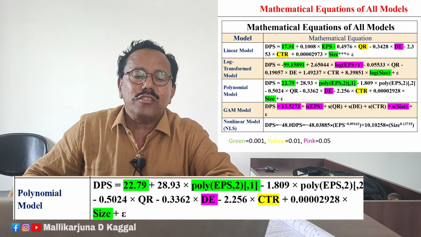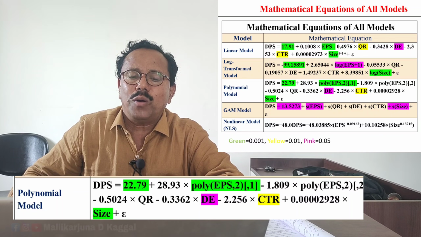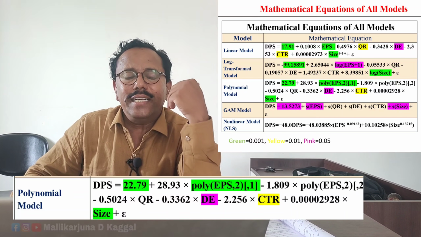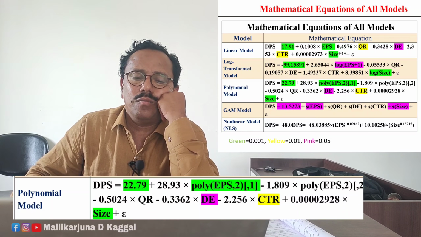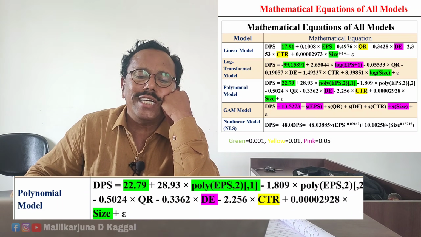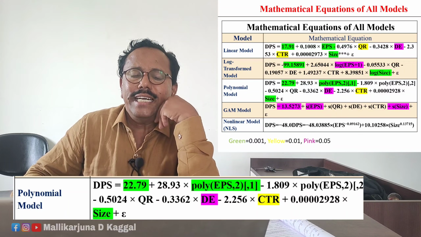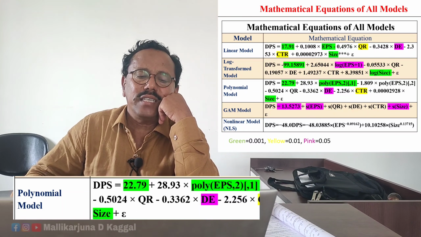So here size is also contributing to the extent of 0.000 for 1 unit change in size. Like that here EPS and size are the most significant variables in contribution to the dependent variable. CTR is very significant, DE is significant.